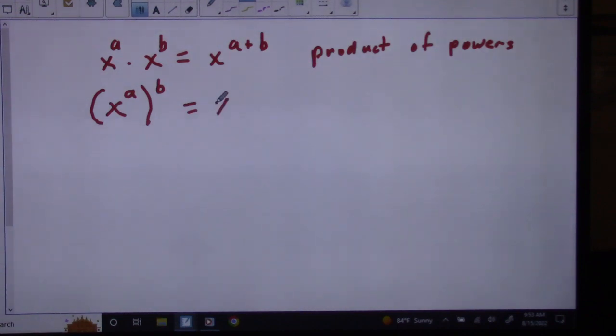It's going to be x to the power of ab. A times b, yes. And what rule do we call this? We call this power of a power. So that's a rule of exponents.